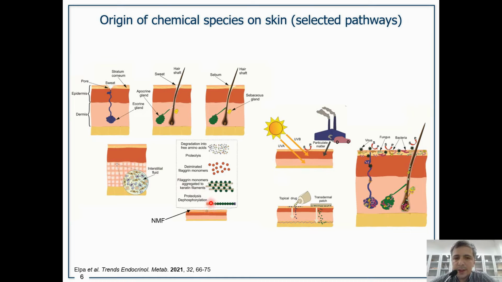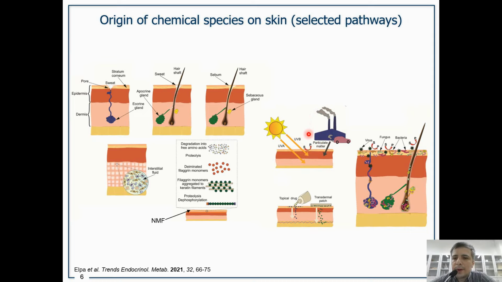On the surface of skin, we can also find degradation products of proteins, so some free amino acids that are not from sweat, but they originate from degradation of proteins. Furthermore, when we expose skin to sunlight, there are some photochemical reactions that induce transformations of certain organic molecules to others.